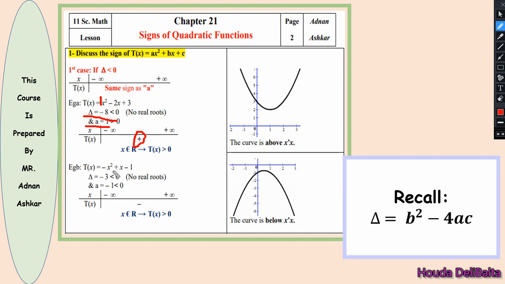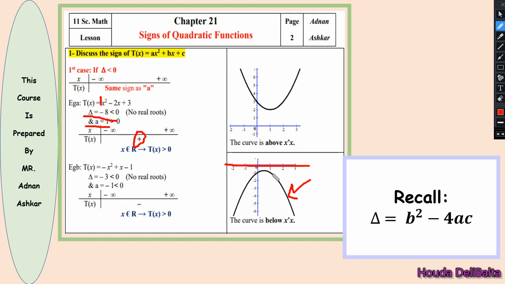Here is the second example. The function here is minus x squared plus x minus 1, and this is its graph. Notice that the graph of this function is directly below the x-axis, and it's not intersecting the x-axis. That means that the function is negative because its curve is below the x-axis, and it has no real roots.